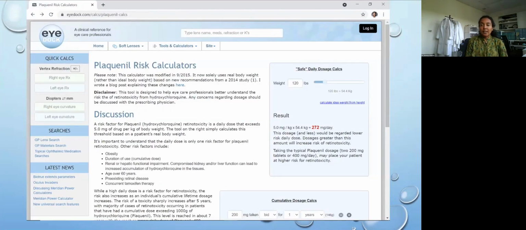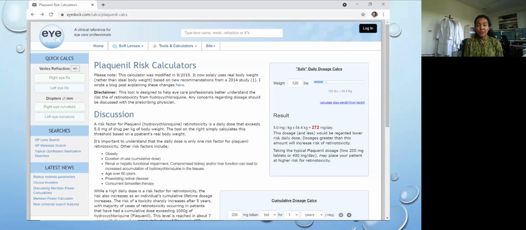And so this is a great resource for you. This is IDOC, which gives you a Plaquenil risk calculator. So remember on the last slide, we discussed how Plaquenil causes problems when it's taken long-term in cumulative doses.